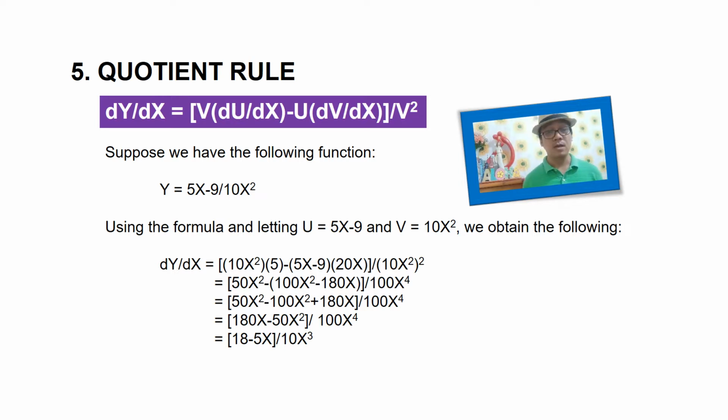For example, suppose we have the following function, y equals 5x minus 9 over 10x squared. Using the formula and letting u equals 5x minus 9 and v equals 10x squared, we obtain the following. dy over dx is equal to 18 minus 5x all over 10x cubed.